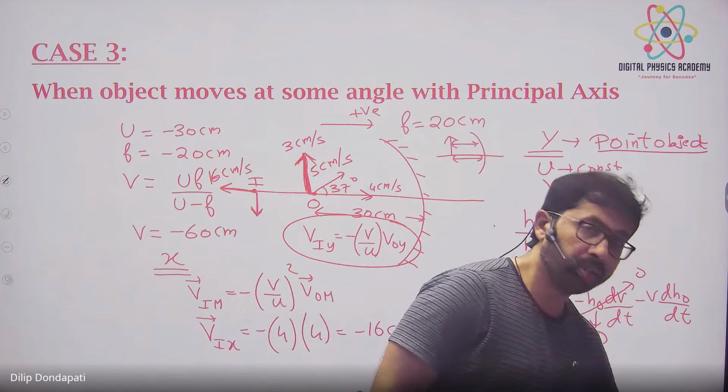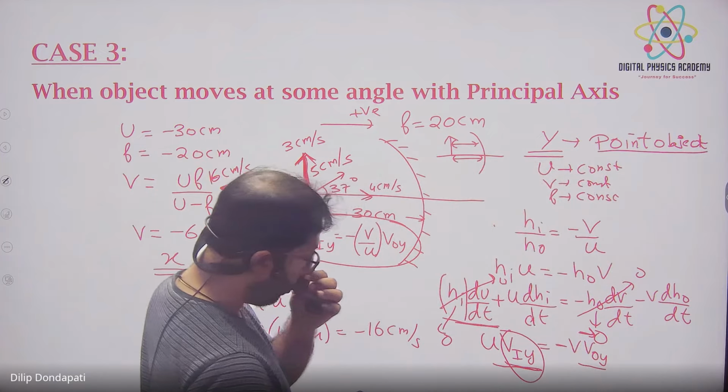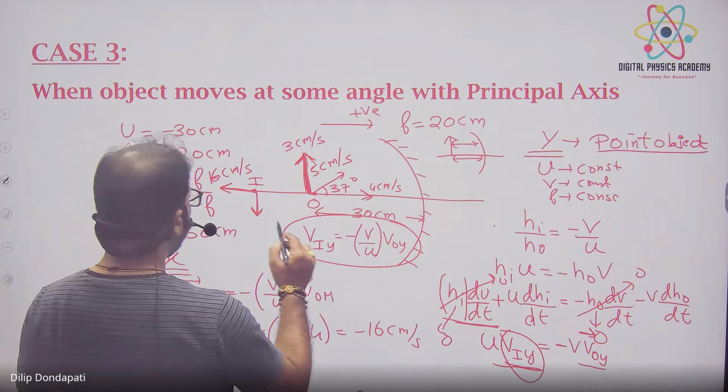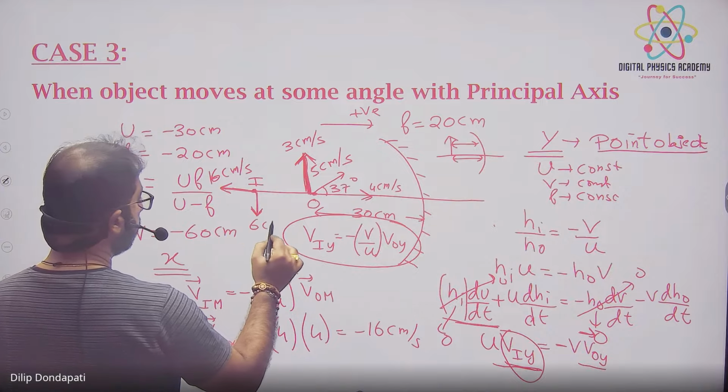If you substitute the value, we'll get minus 6 centimeters per second. That means in y direction it is 6 centimeters per second.